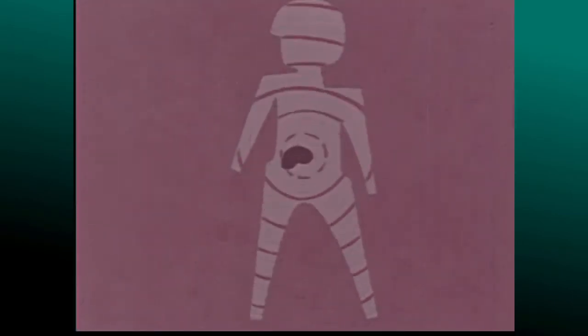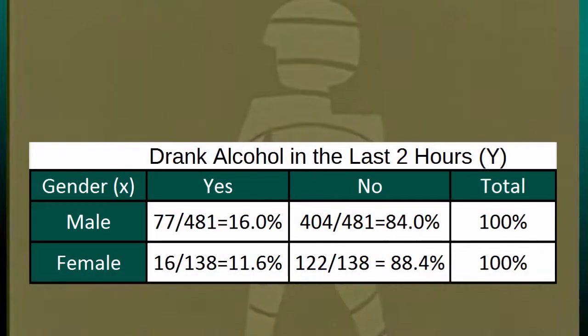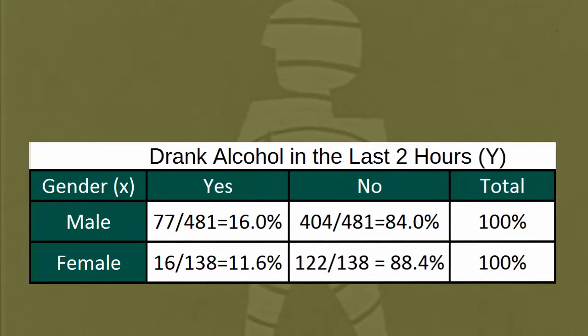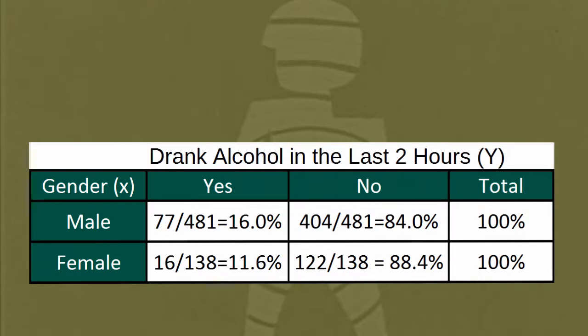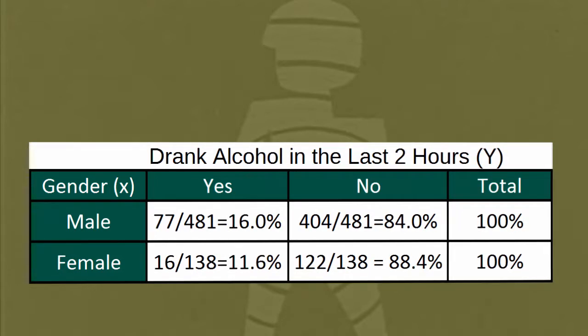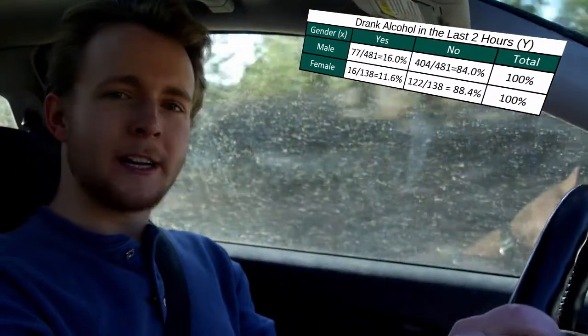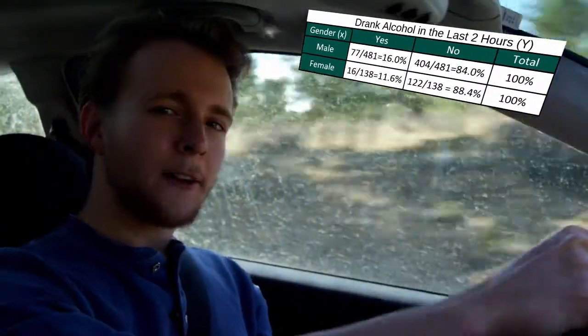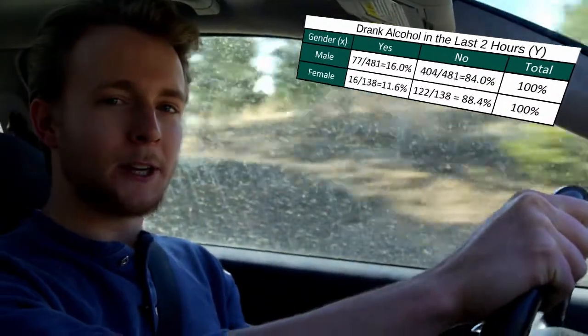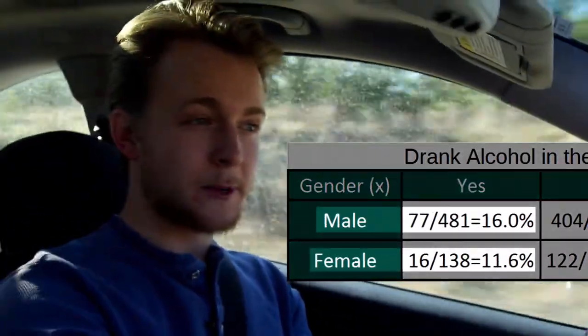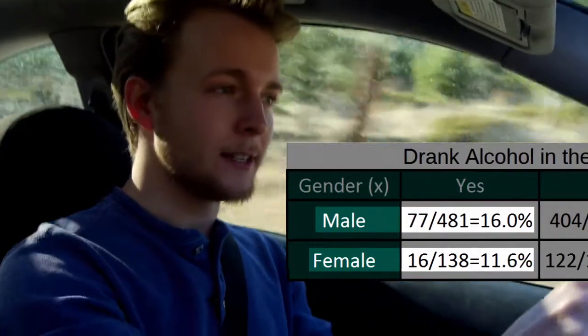In this case, since the explanatory variable is gender, we would calculate the percentage of drivers who did and did not drink alcohol for males and for females separately. Here's the table of the conditional percentages. For the 619 sample drivers, a larger percentage of males were found to be drunk than females, 16% versus 11.6%.